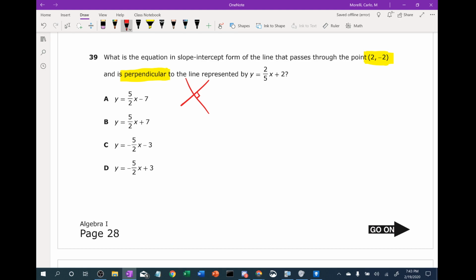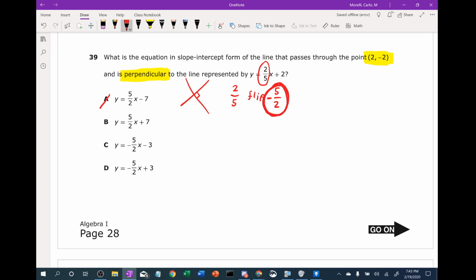The other thing to remember is the perpendicular slope. If we take the original slope, 2/5, and flip it, we get 5/2. Then to get the perpendicular slope, you just put a negative in front of it. So we know that the slope is going to be -5/2.